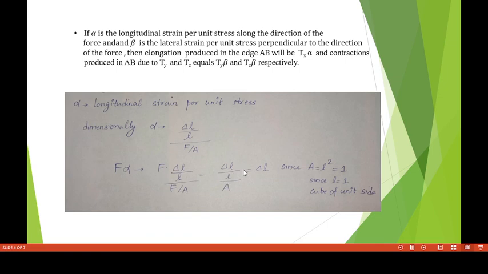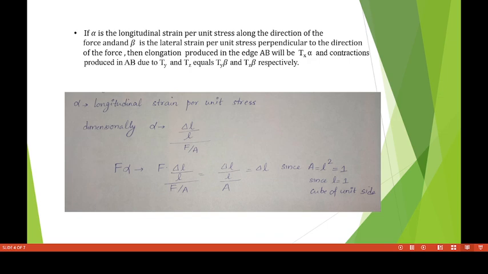The only term remaining will be delta L, and this delta L represents the elongation or change in length. So force along a particular direction times alpha gives the elongation. So similarly, force times beta gives the compression as well, contraction as well.